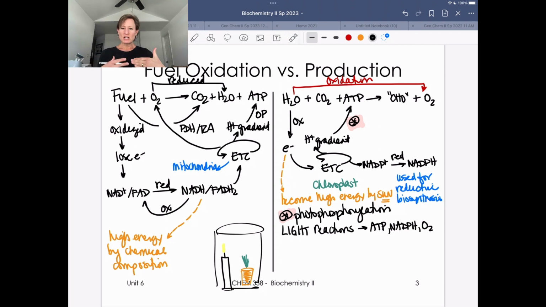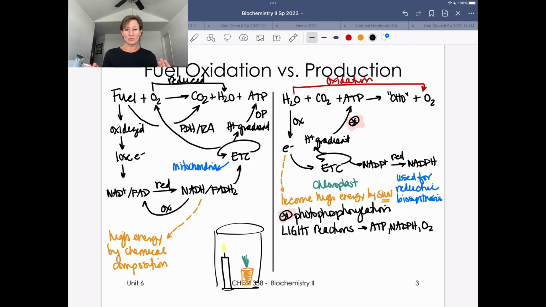Okay, now we're going to talk about what happens next. Even though historically these have been called the dark reactions, I'm going to try to not use that formalism at all because I think it can be confusing because it makes it seem like they happen at nighttime. And they don't. So I'm going to call this next set of chemistries the light independent reactions.